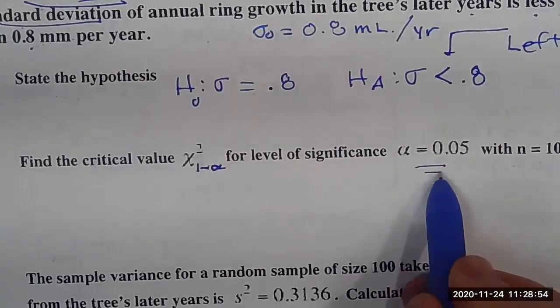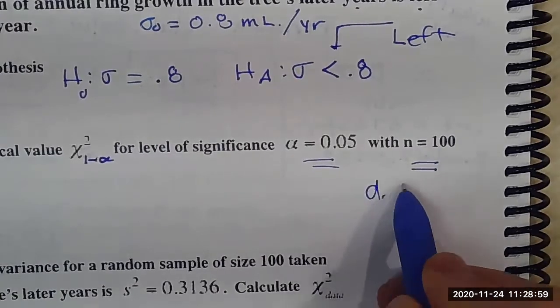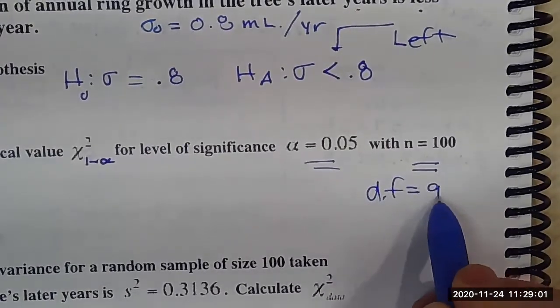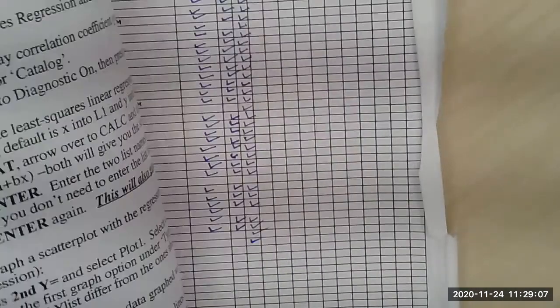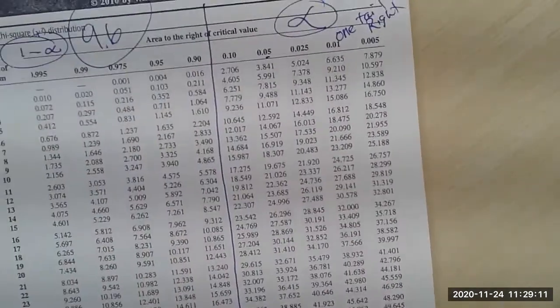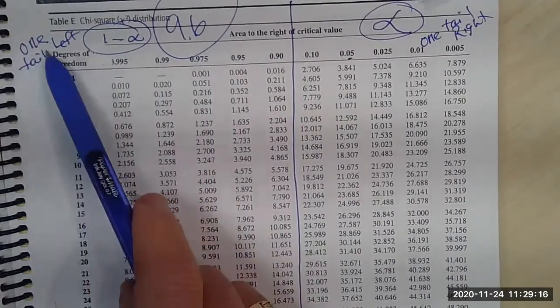Okay, 0.05, n is 100. That means DF is equal to 99. Here comes the table. Left tail.